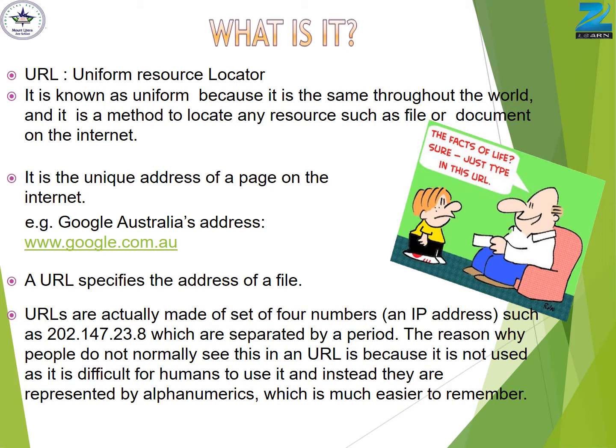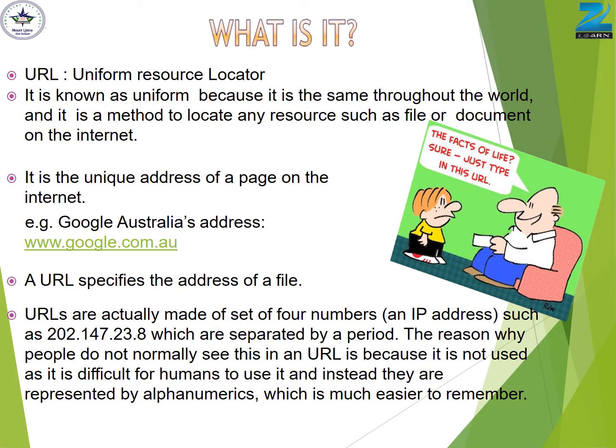A URL specifies the address of a file. URLs are actually made of a set of phone numbers and IP addresses. I think all of you are aware of IP addresses, because each and every computer connected on a network has an IP address. It is of 4 numbers separated with periods.